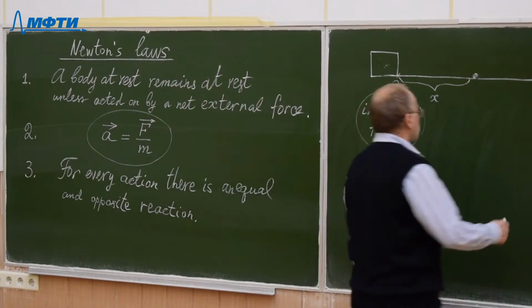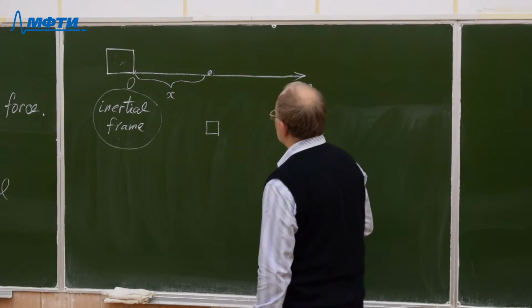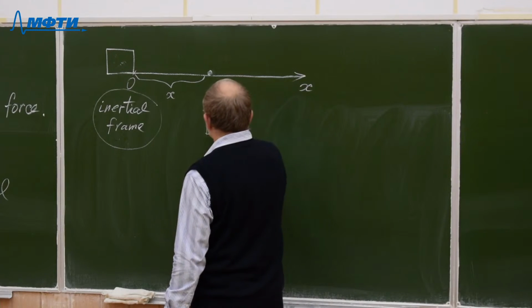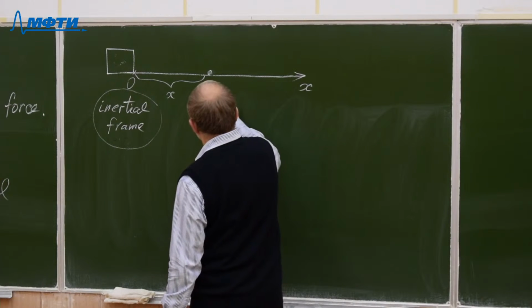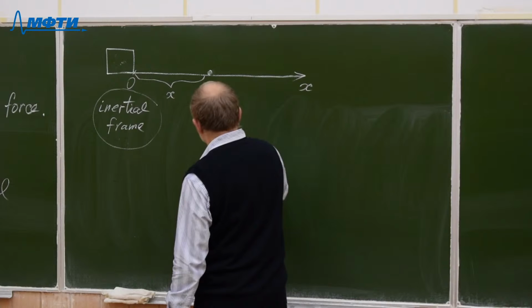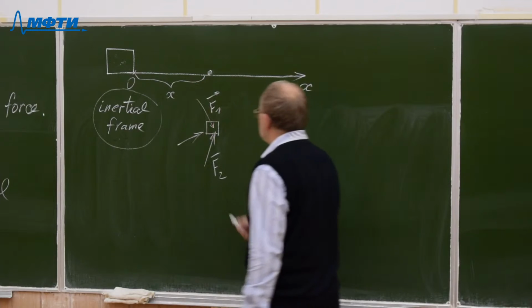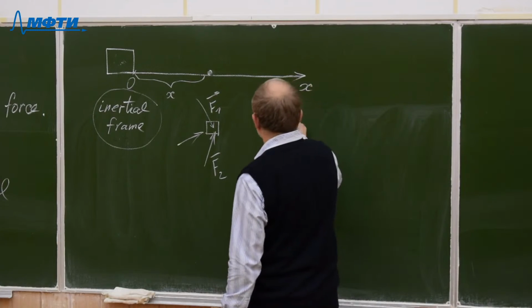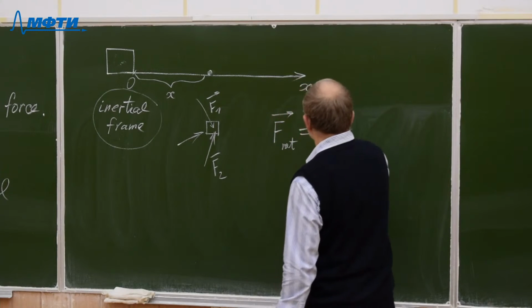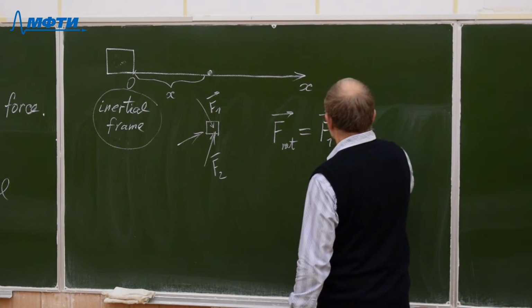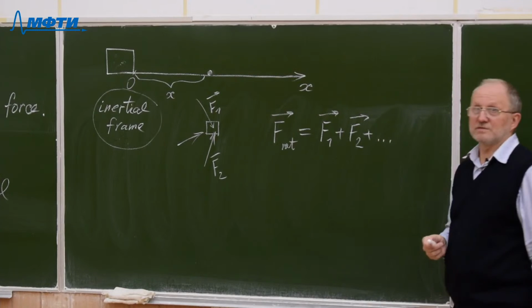So if you have some object, and if several forces act on it, the force F1, the force F2, etc., many other forces may be present here, then the net force is just the vector sum, F1 plus F2 plus maybe other forces if present.